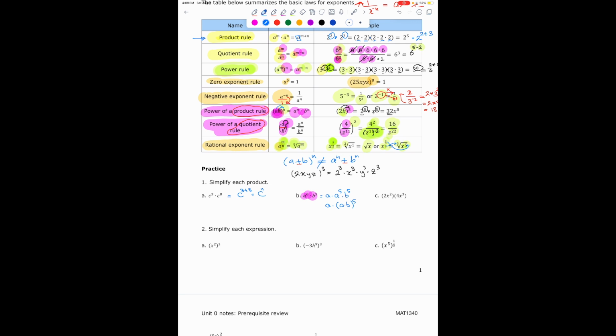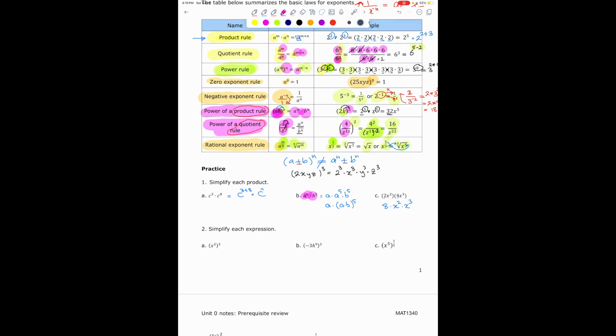Part C, we have 2x squared times 4x to the 3rd power. Again, I'm going to use the product rule in this case. We know 2 times 4 is 8, so no problem there. Times x to the 2nd times x to the 3rd.